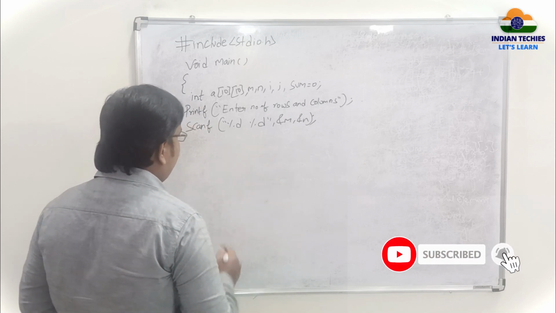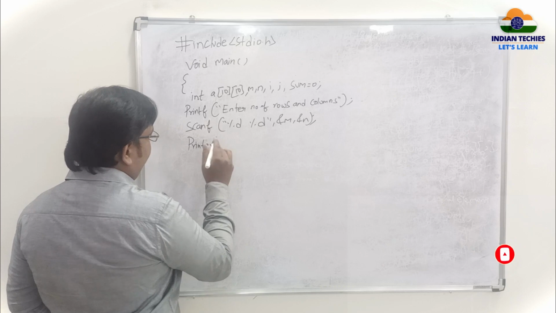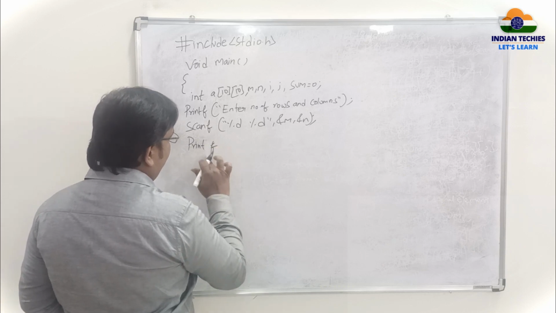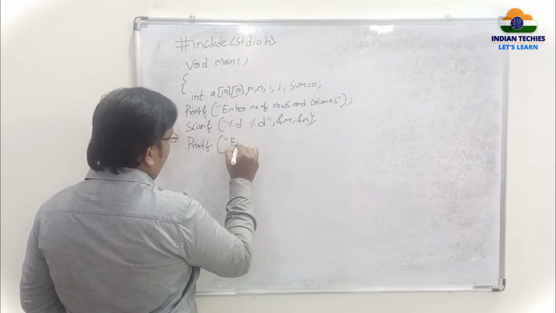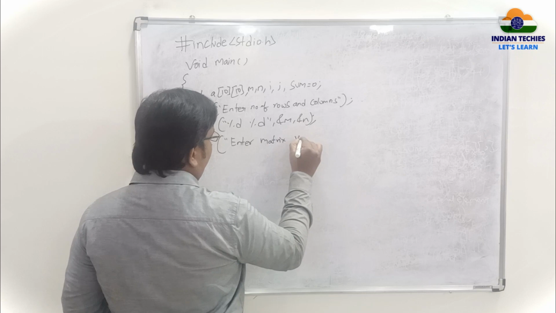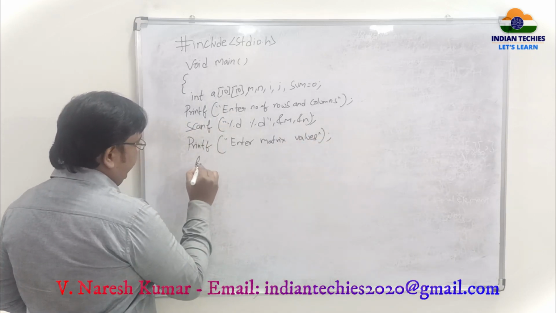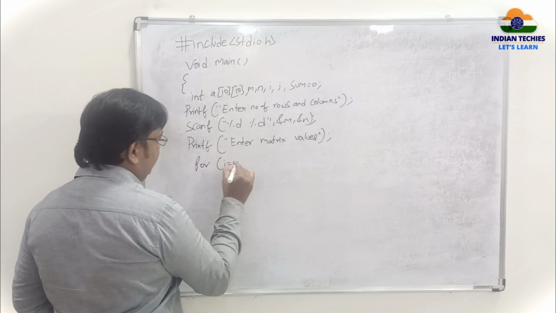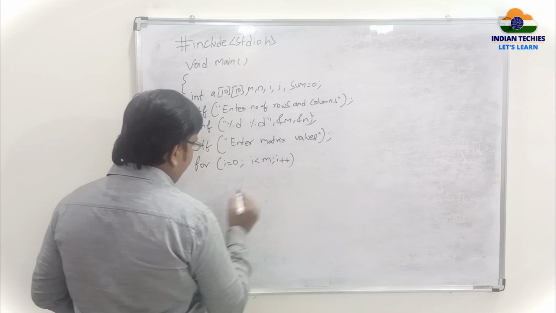Now first take input for this, that is printf enter matrix values. So I am writing for loop to take it. The first for loop always takes row input: i less than m, i plus plus.